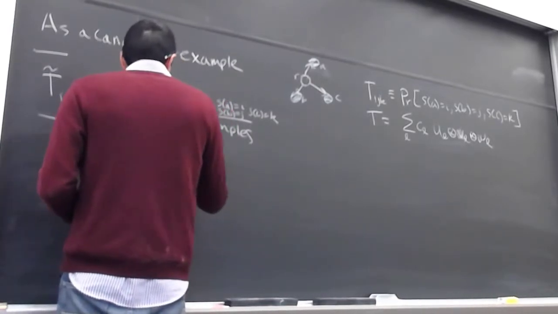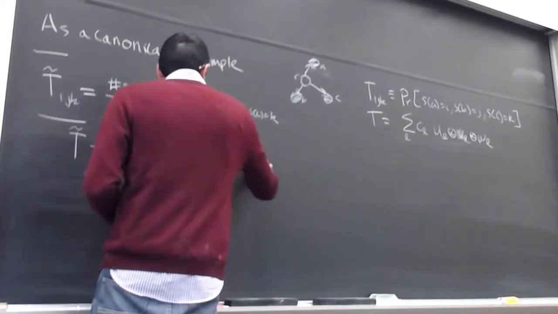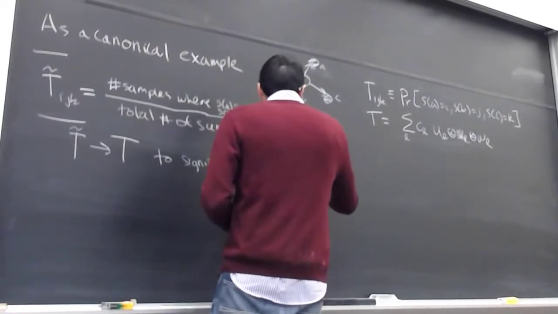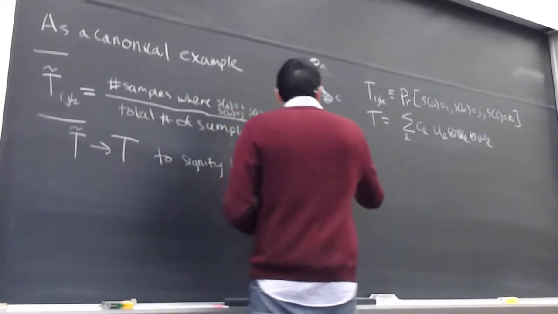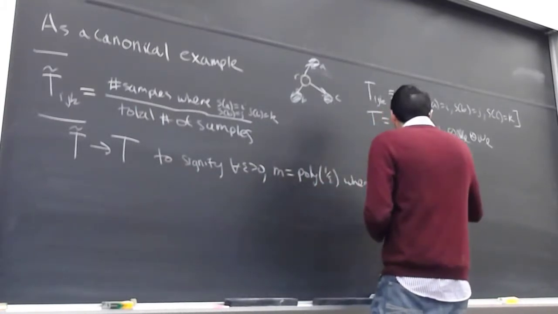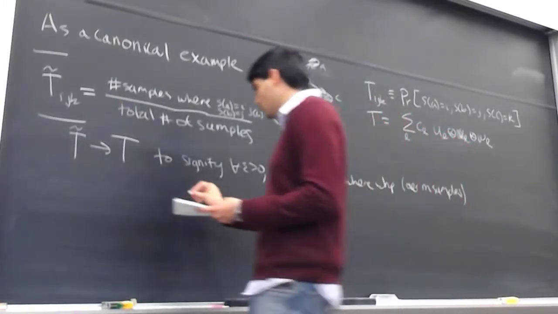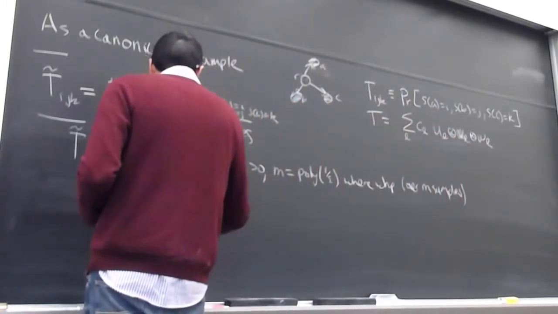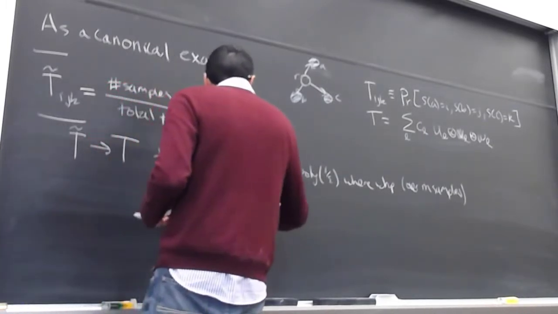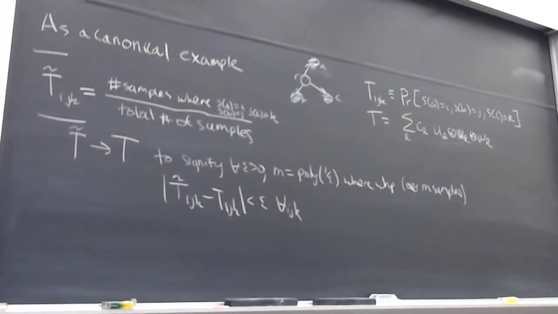The way to think about this is that for all epsilon, there is some little m, which is some polynomial in 1 over epsilon, where with high probability over m samples, we're entry-wise close on every single entry.